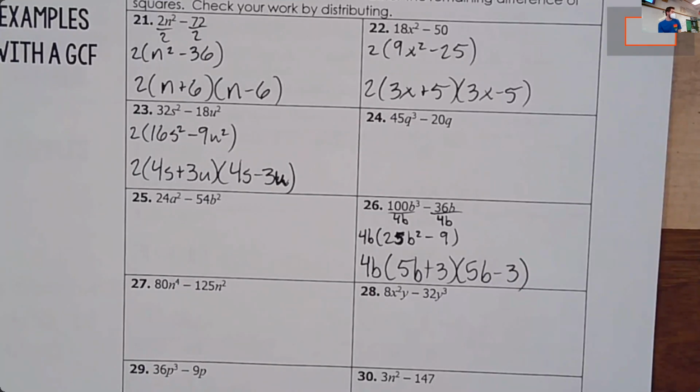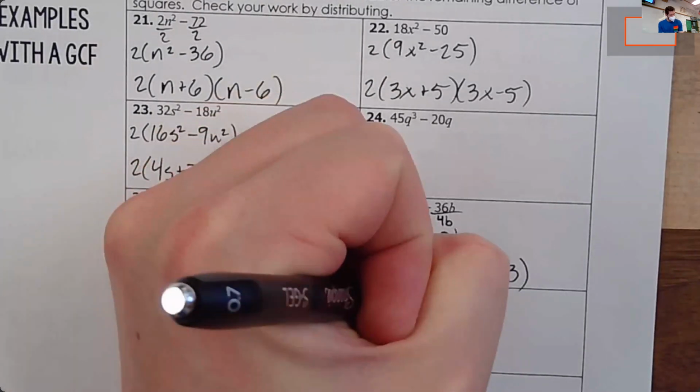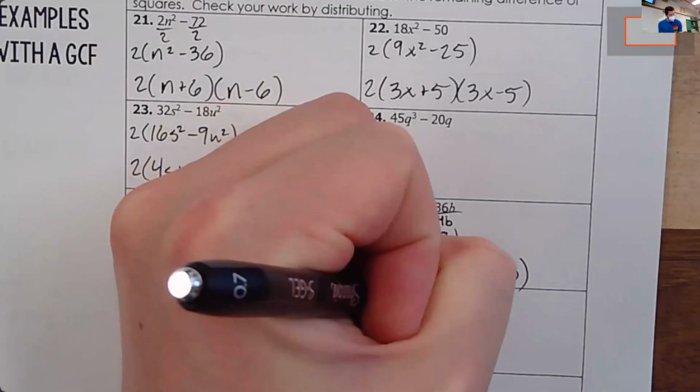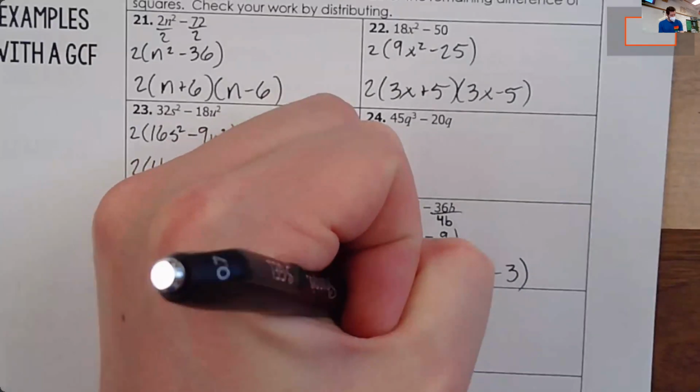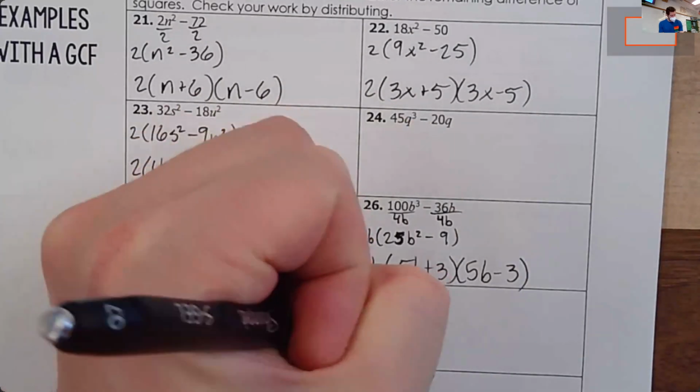Biggest number we can divide 8 and 32 by. 4 works, but there is one larger. 8, yeah. So we'll divide both by 8. What about variable wise? Is there a common variable that we can divide out of both of them? Y, yep. So 8y is our GCF.